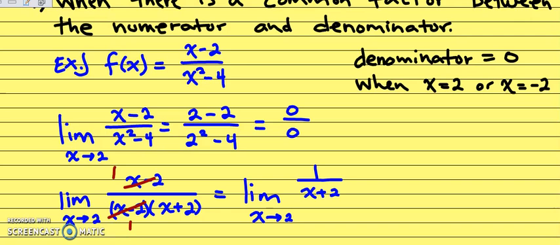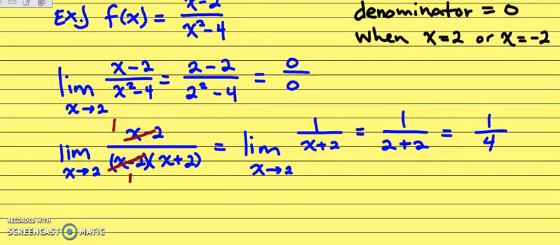Now we're taking the limit of 1 over x plus 2 as x approaches 2, and we can do direct substitution here to get our answer of 1/4. So the limit of x minus 2 over x squared minus 4 as x approaches 2 is 1/4.